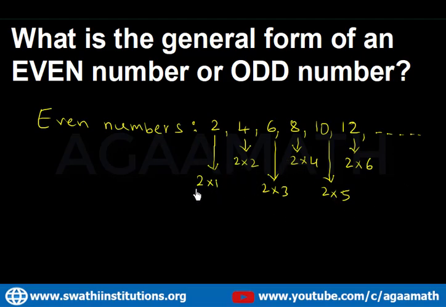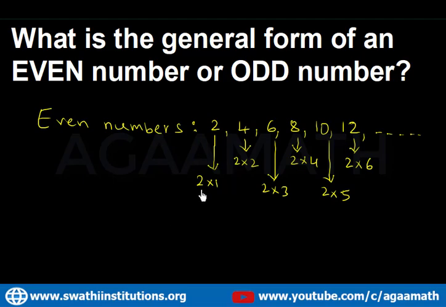If you observe 2 times 1, 2 times 2, 2 times 3, 2 times 4, 2 times 5, 2 times 6, that is what we learned in the last video: even numbers are multiples of 2.